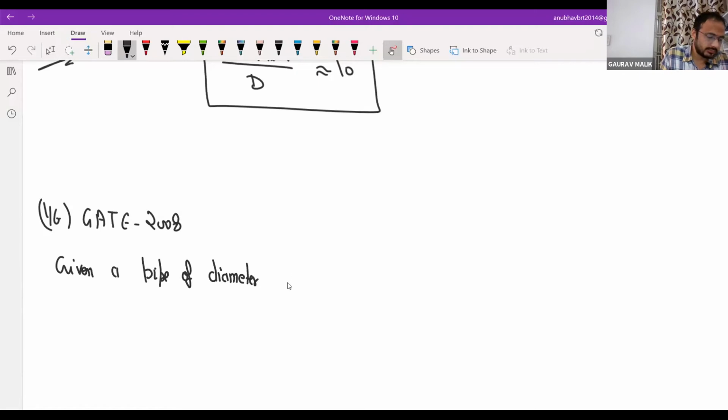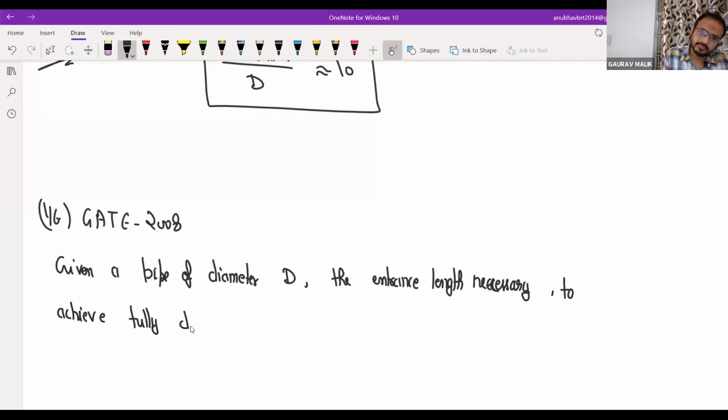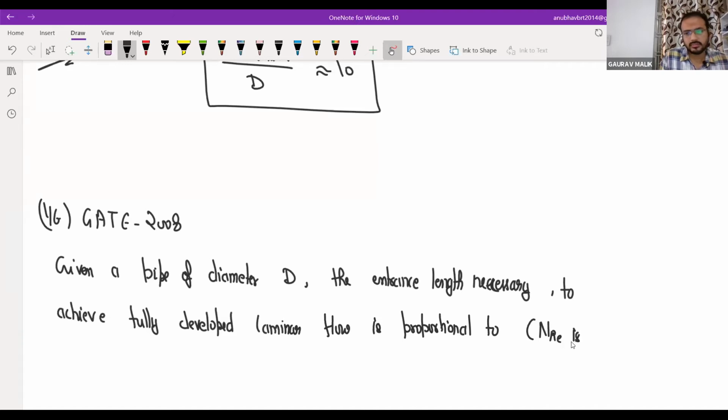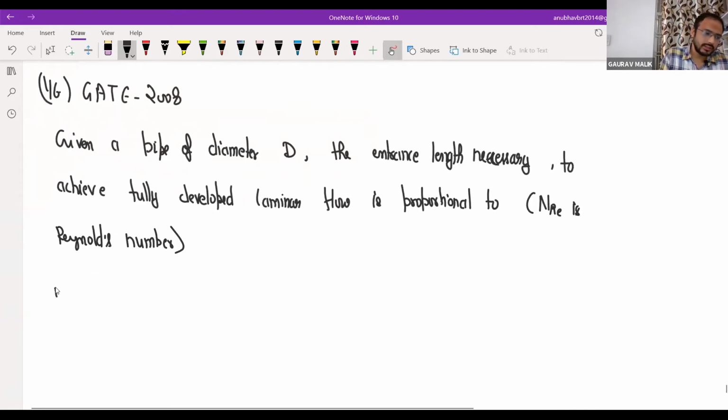Given a pipe of diameter D, the entrance length necessary to achieve fully developed laminar flow is proportional to the, where NRE is Reynolds number. Again, 1 mark, easy mark if you know the concept.